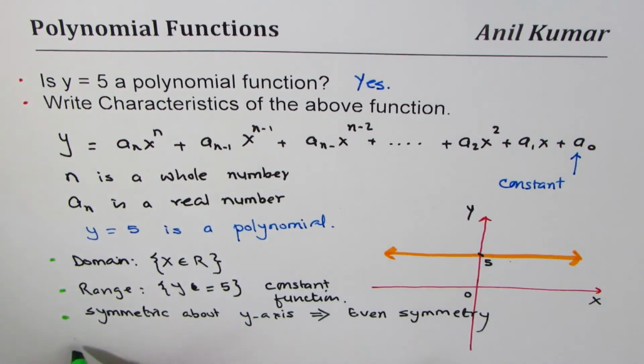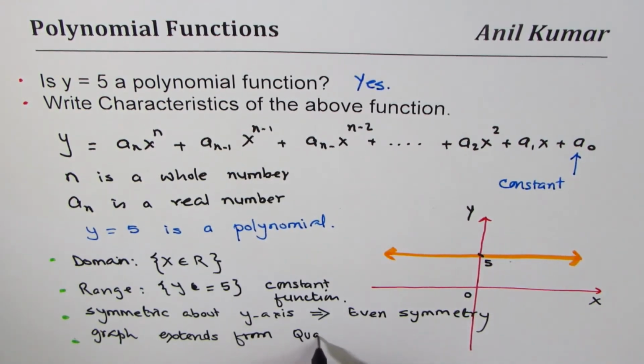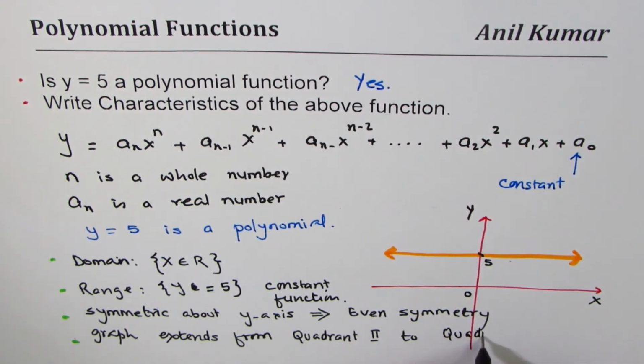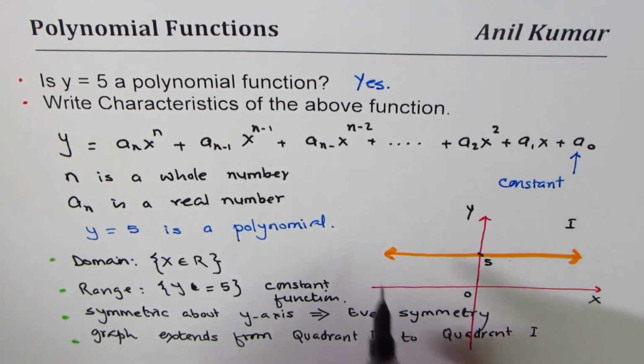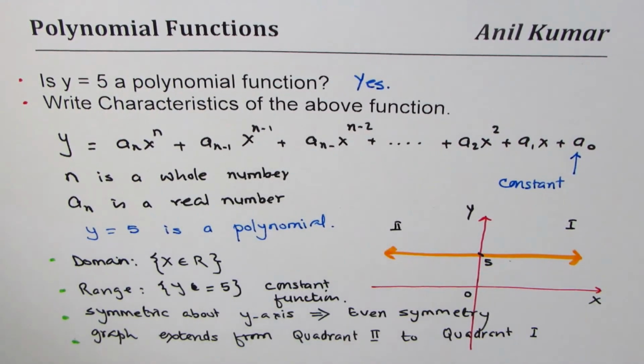You would also say that the graph of the function extends from quadrant 2 to quadrant 1. This is quadrant 2, and that is quadrant 1. So these could be a few characteristics for the function.